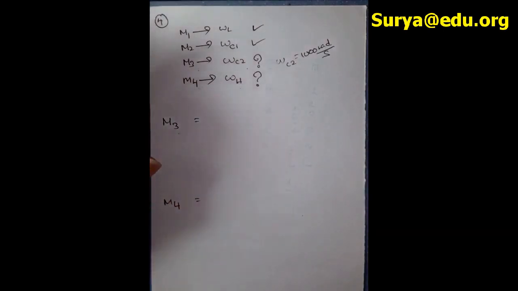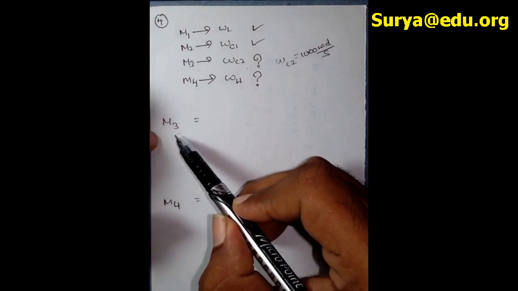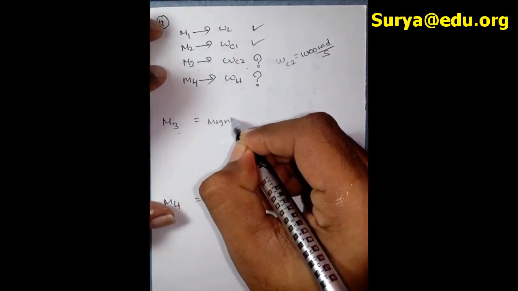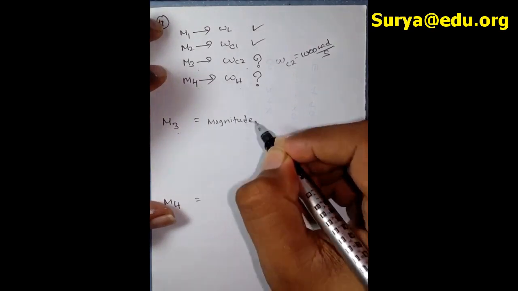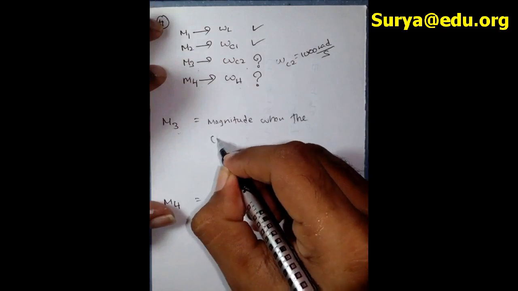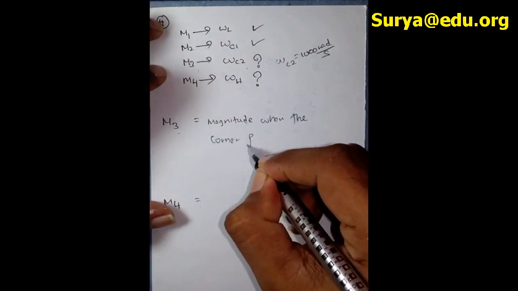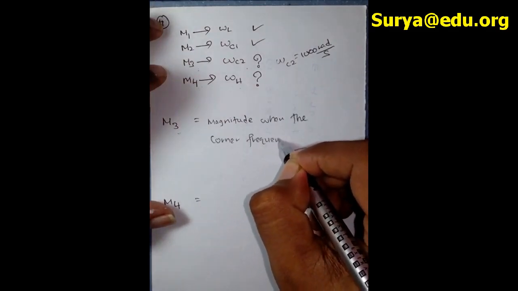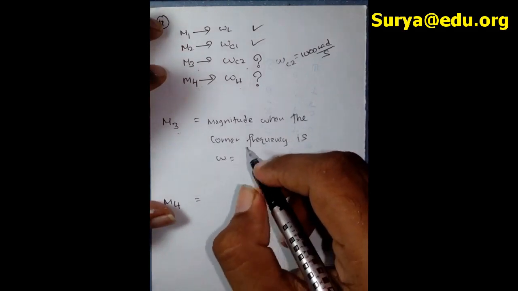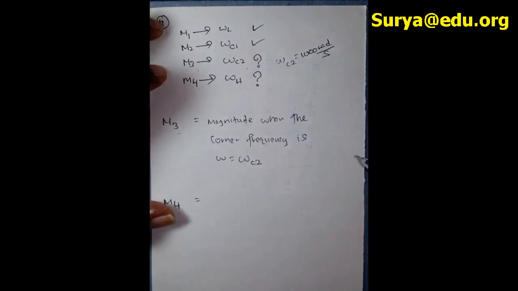Now we are going to find M3. What is M3? M3 is the magnitude when the corner frequency is omega equals omega c2.